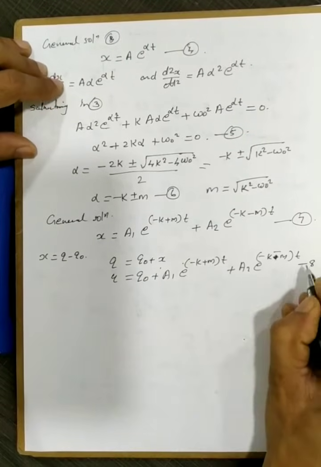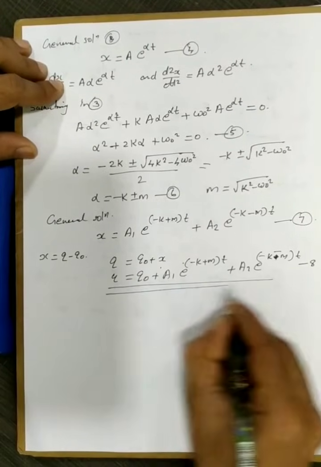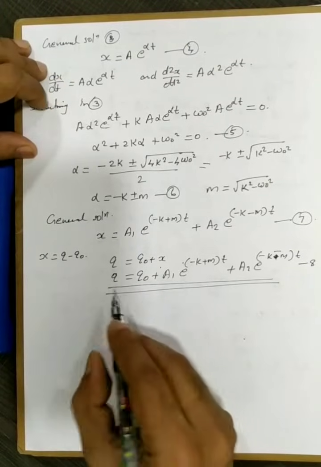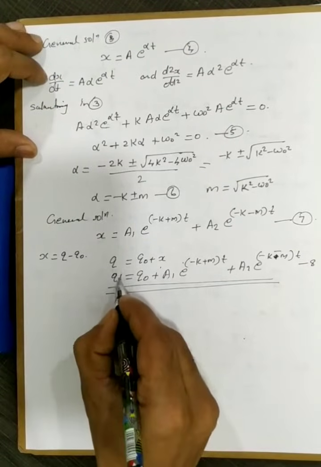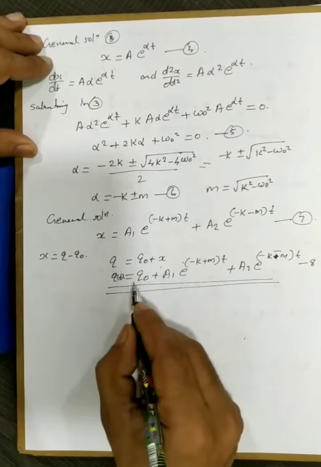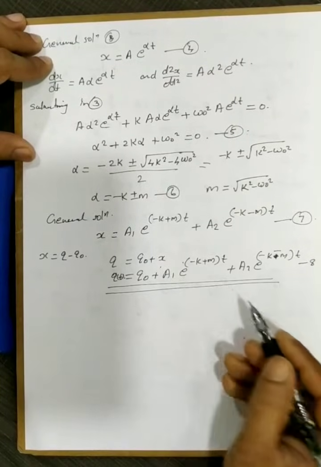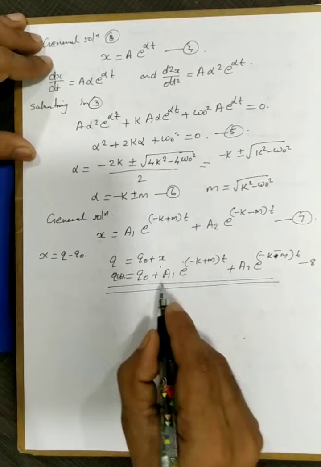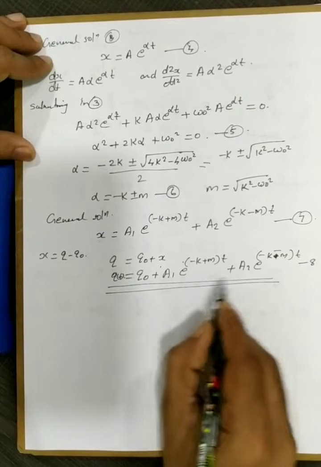This is equation 8. So this is the solution for charge q at any instant of time t on a capacitor which is connected through a resistance and inductance. We need to analyze this, we want to fix two constants a1 and a2.